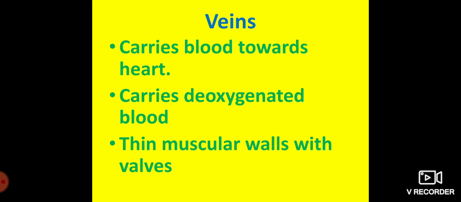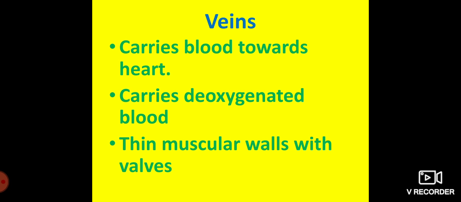Okay, students, clear? Once more, listen. Arteries are the blood vessels which carry oxygenated blood from the heart to different body parts, and veins are the blood vessels which carry deoxygenated blood from different body parts to the heart. Arteries have thick elastic and muscular walls, and veins have thin and less muscular walls. Arteries carry oxygenated blood, pure blood, to every part of the body, except the pulmonary artery.